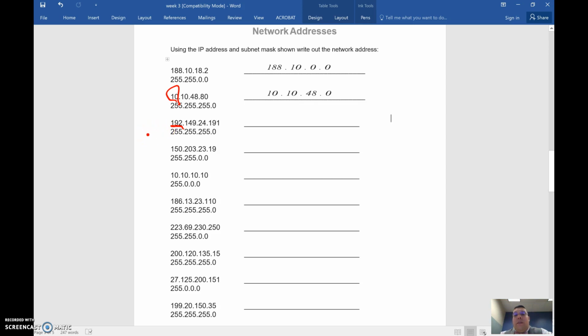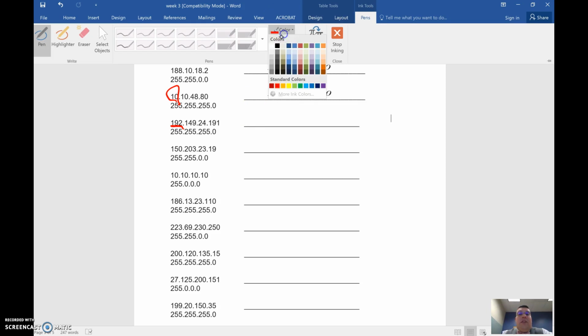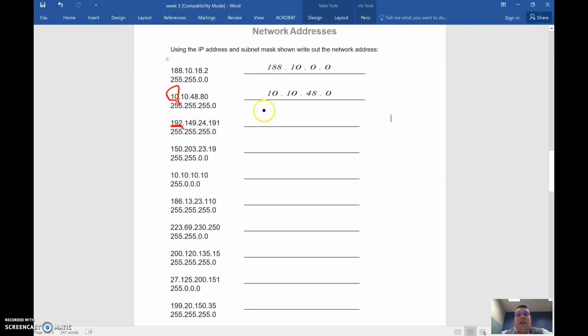We know that the host portion is the only portion that can change. So we can take a little shortcut and say, since the network portion has to stay the same, the only portion that can change is the host portion. And if we were to multiply 0 times 191, we'd end up with 0.